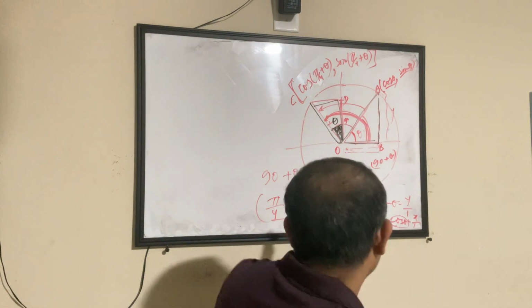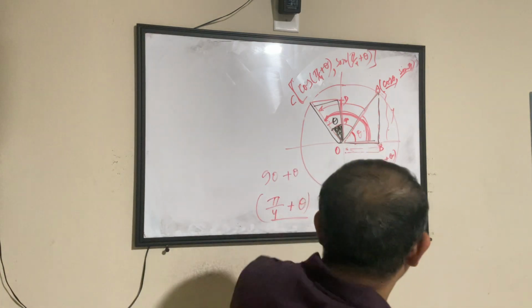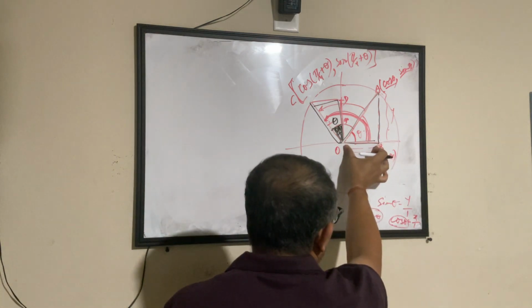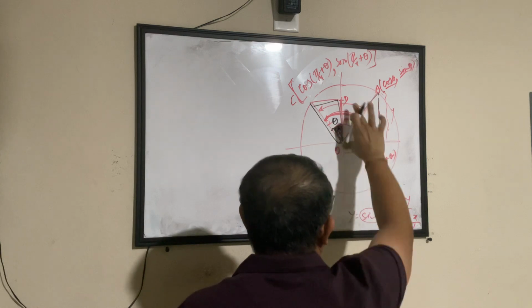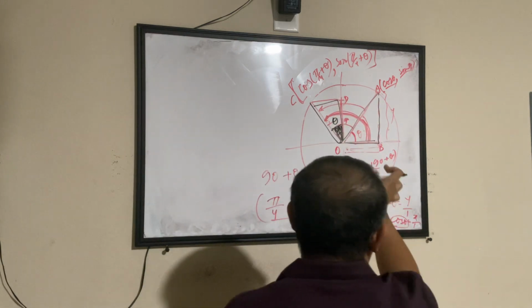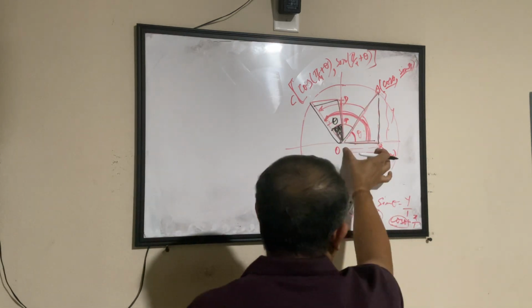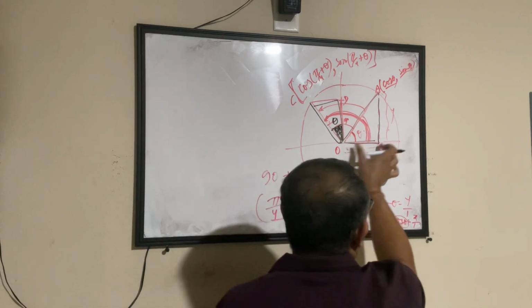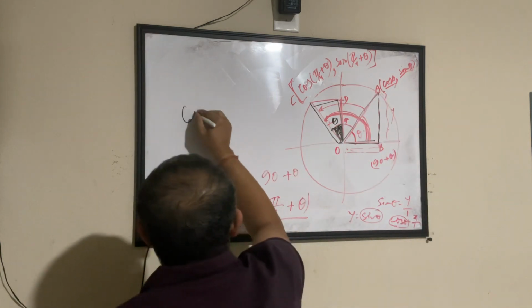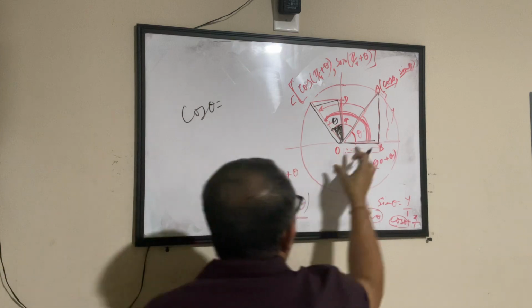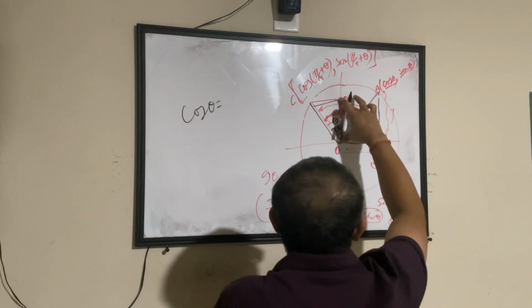Yes, sir. Okay. Whatever was my x-axis value has become my y-axis value. That means what was my x-axis value? O to B was my x-coordinate, which was cos theta. Cos theta has become my y-coordinate here.